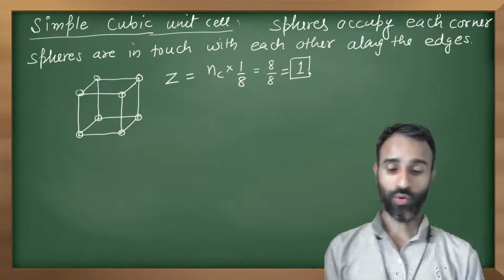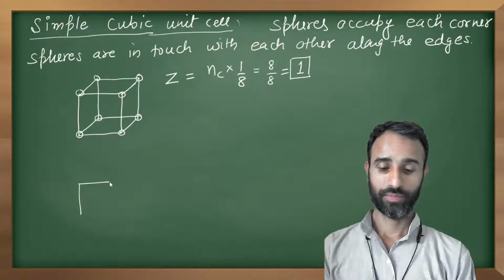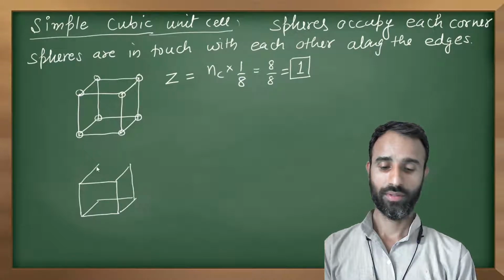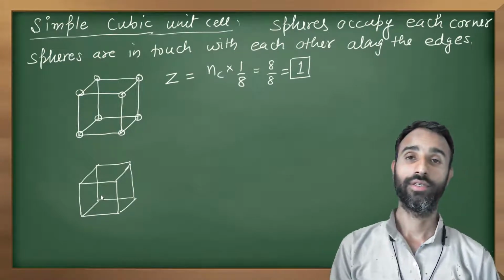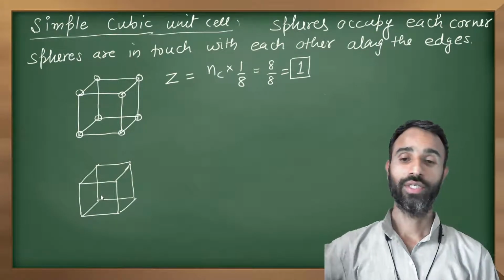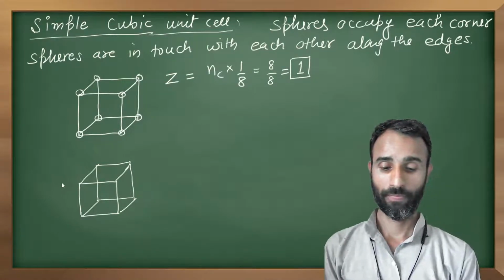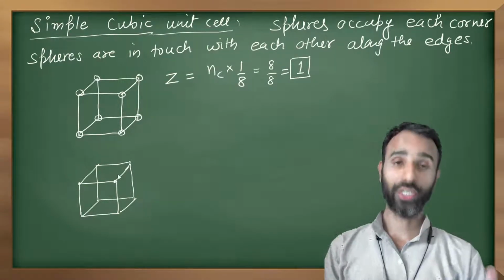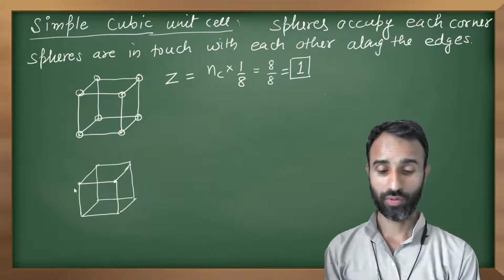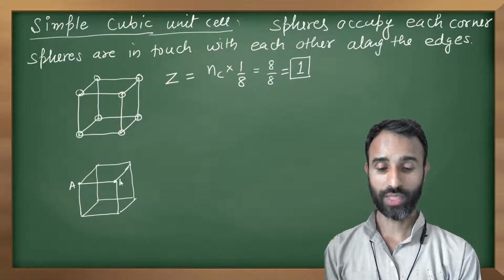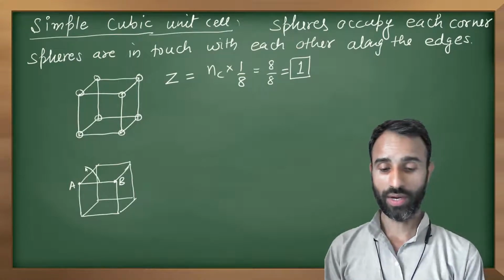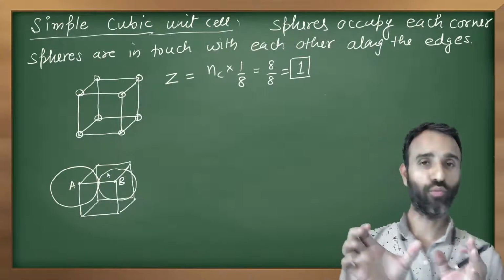Okay. Now, second part. Spheres are touching each other along the edges. So take it as A and this one as B. We are showing only one edge.